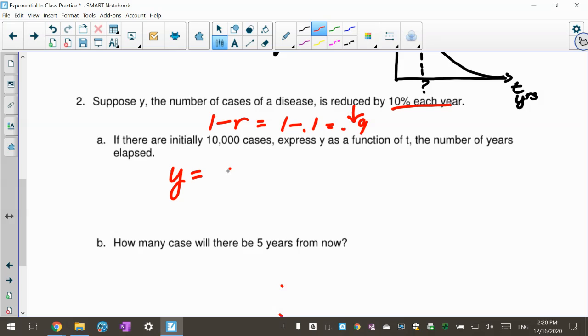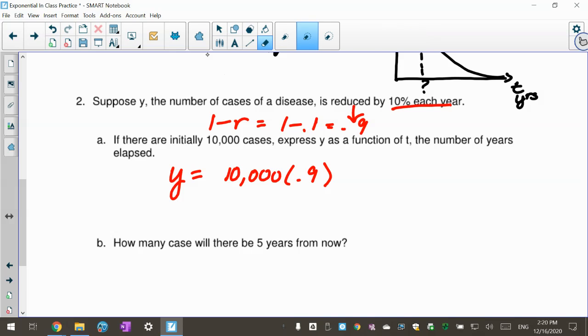The number of cases starts out at 10,000, and it's decreasing 10%, so it's going to be 10,000 times 0.9 raised to the t power. They said use t, so I'll use t. Most of the time it is t for us.